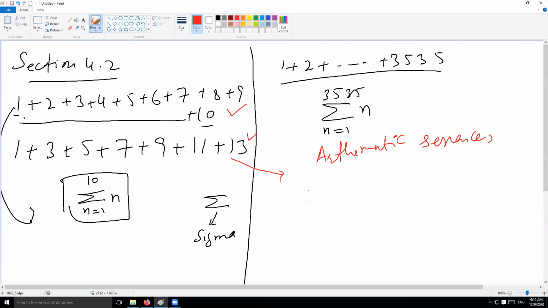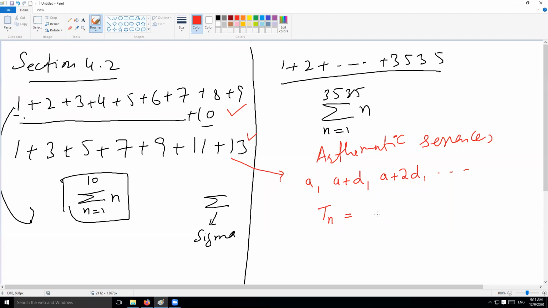So what's an arithmetic sequence? Imagine you have some first term and then you add a fixed term to the previous term actually. So I have A and then I'm adding D to the previous term. So it's going to be A, A plus D, and so on and so forth. Okay. And so what would be the nth term in this sequence?